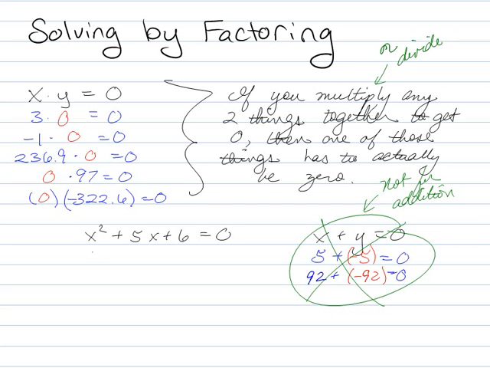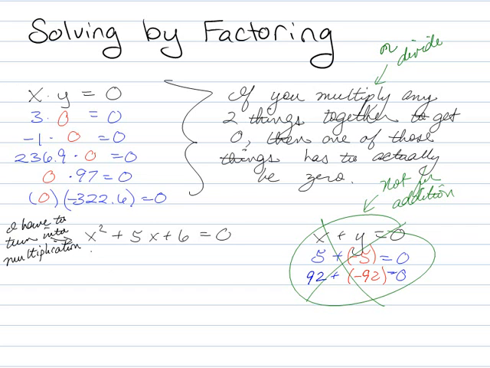I can't say this means either x squared is 0, or 5x is 0, or 6 is 0; that makes no sense. I have to turn this into multiplication.